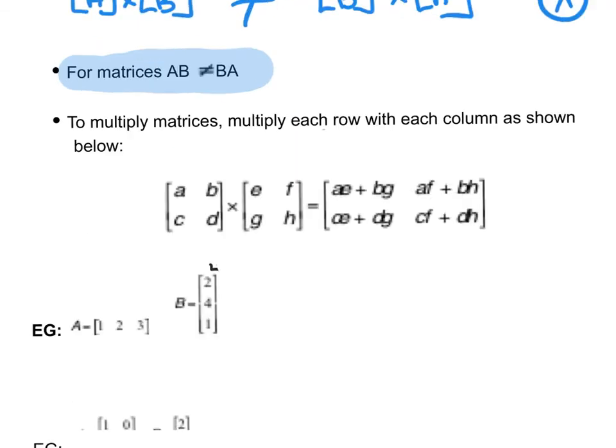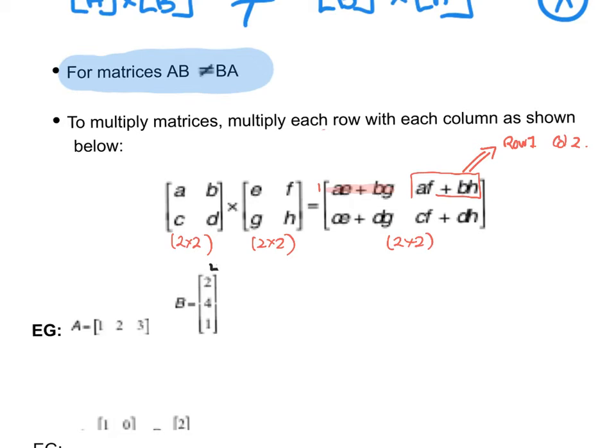Okay, so we did this first one here. Now I'm going to show you how we find this one here. This is the answer. Remember we said it will be a 2 by 2 because this was a 2 by 2 and this was a 2 by 2. Because this element is row 1, column 2, those are the ones I'm going to use.